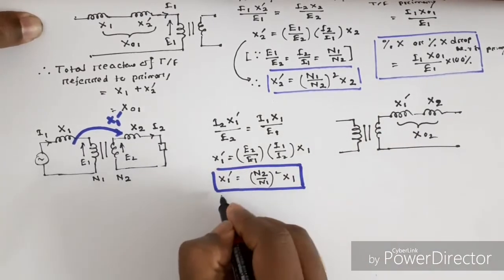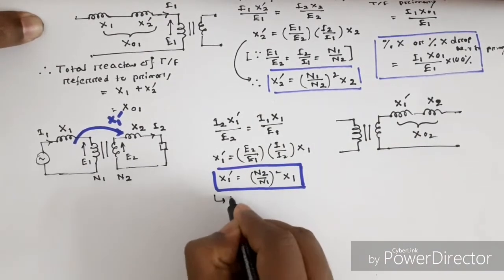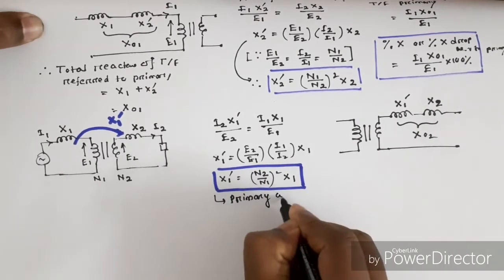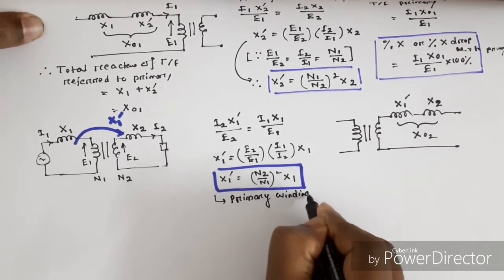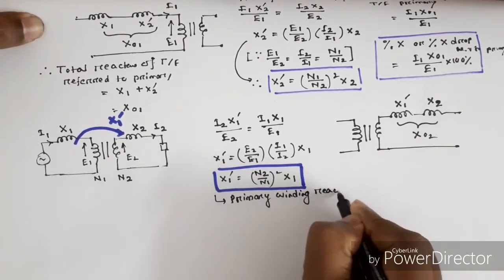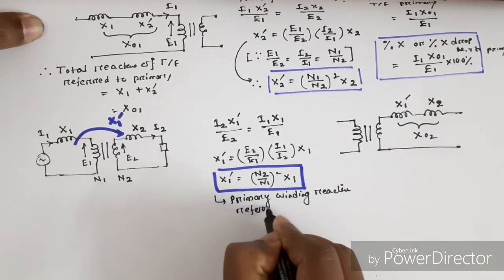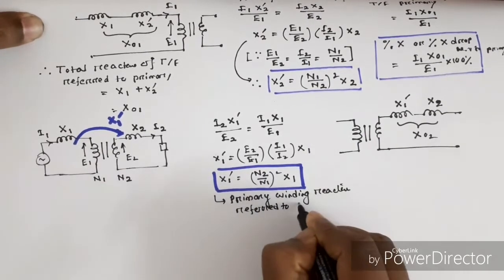Here X1 dash is the primary winding reactance referred to secondary.